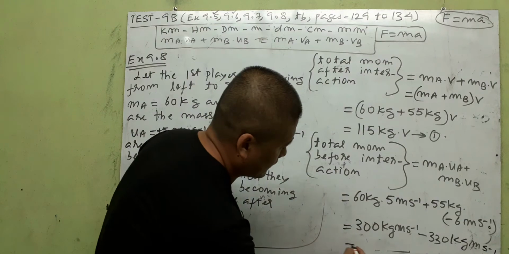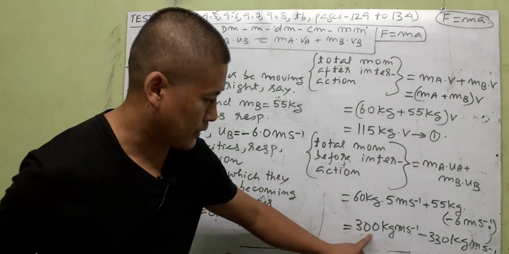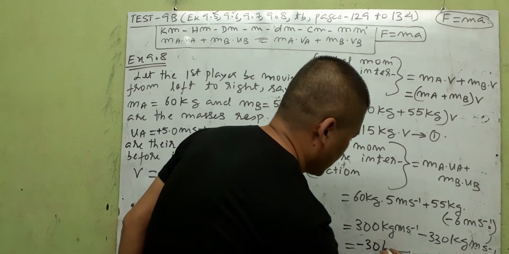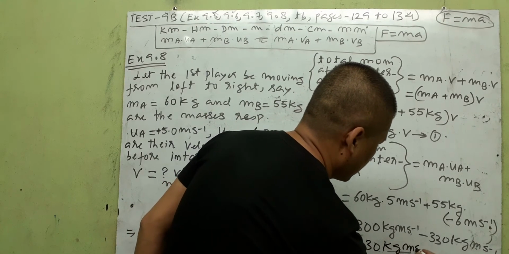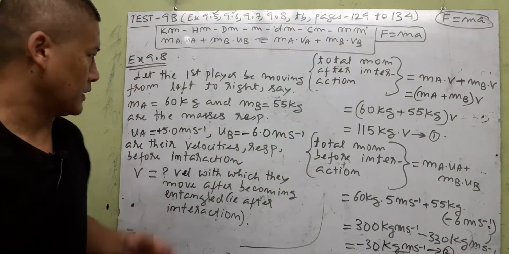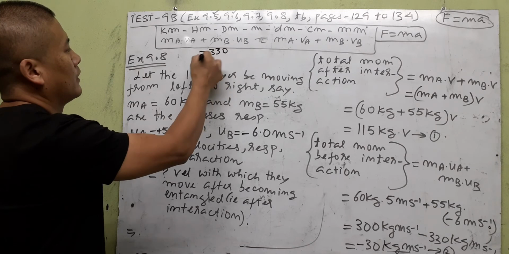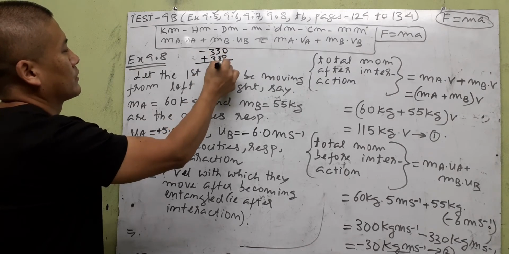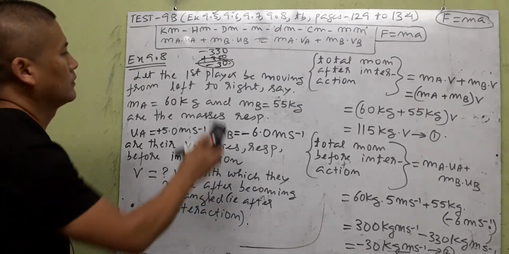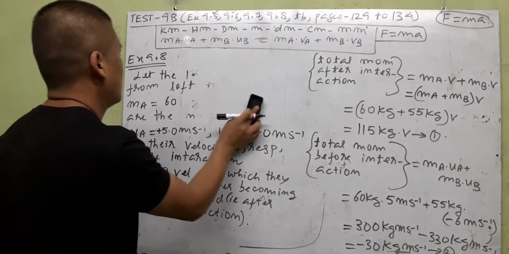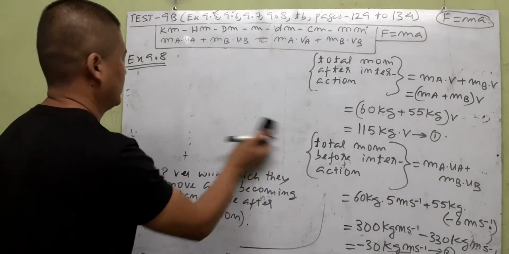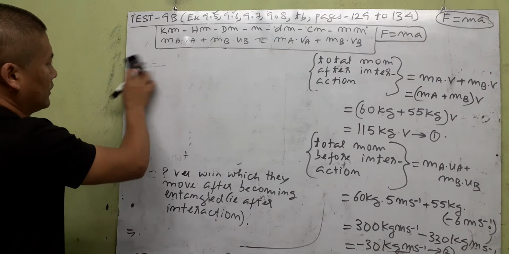So if you subtract this, you're going to get plus 300 minus 330 means minus 30 kg meter per second. Equation number 2, let us say. See here, minus 330 plus 300 means subtract, so 0 and 3 minus 30, right?